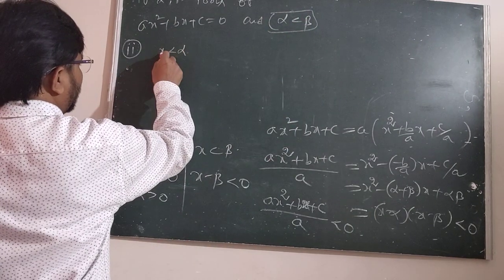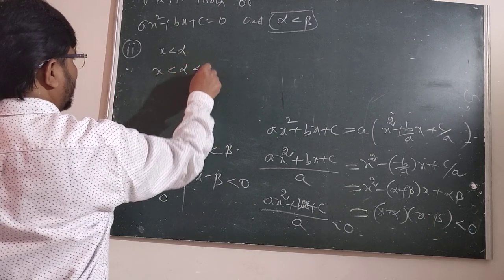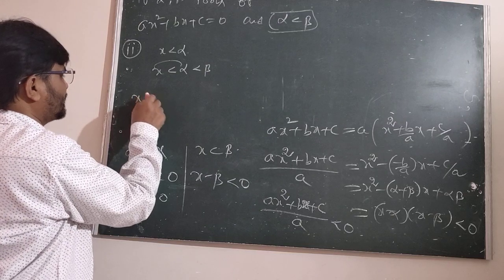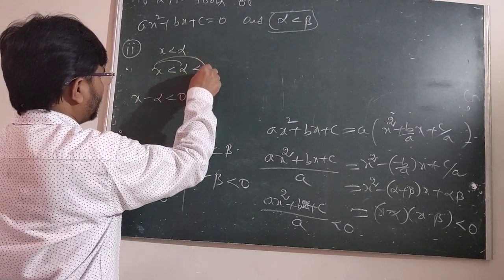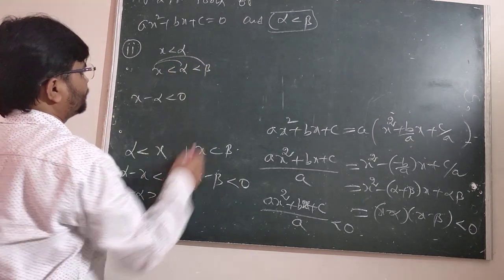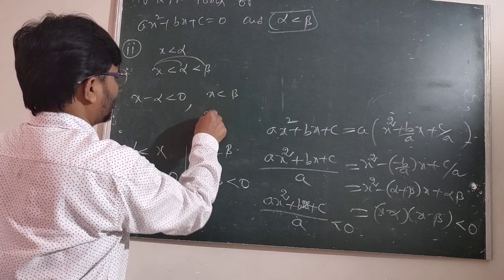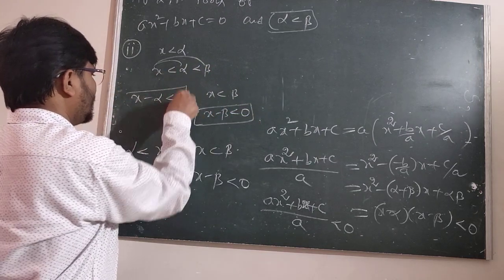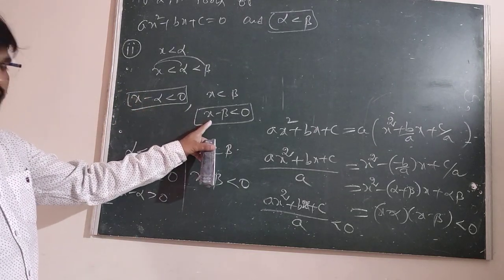Now when we take x less than alpha, this is x less than alpha less than beta. Then you can write x minus alpha less than 0. Similarly, sending beta to the other side, x less than beta. Here you can write x minus beta also less than 0. Less than 0 means it is a negative number. It is also a negative number.